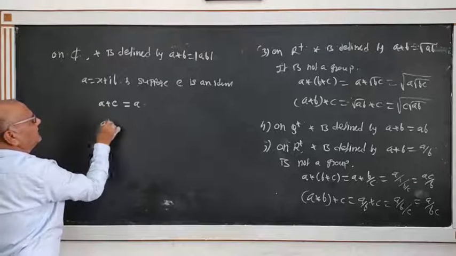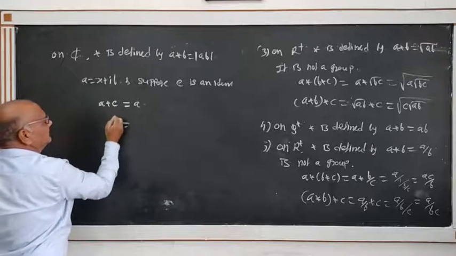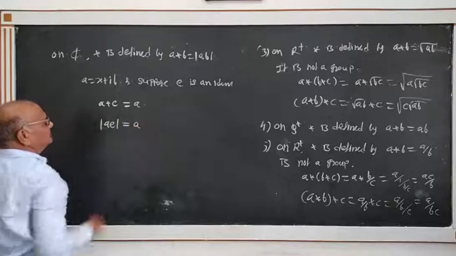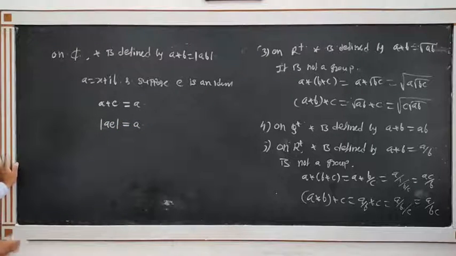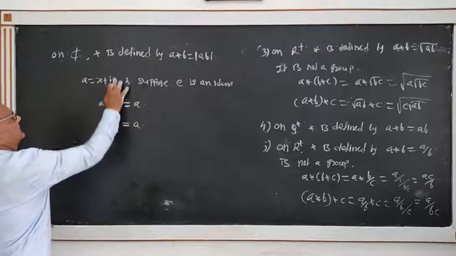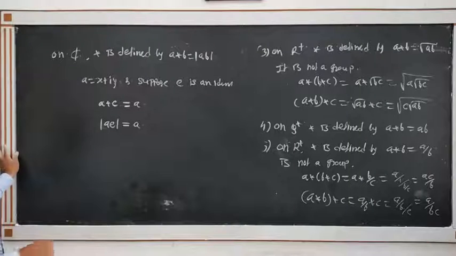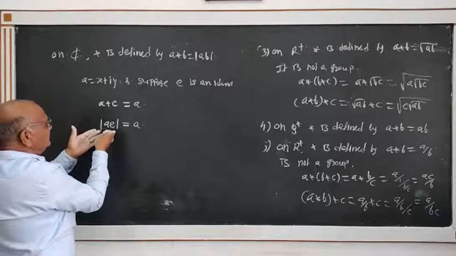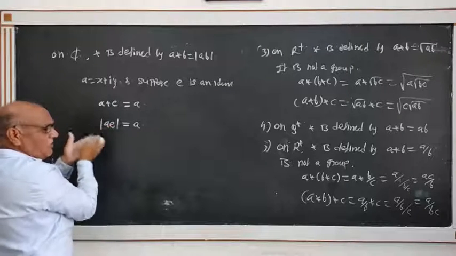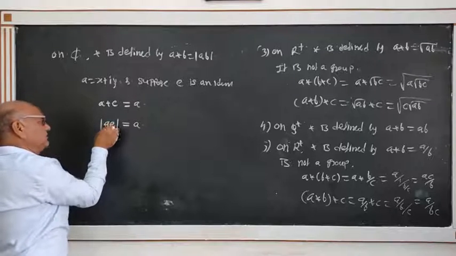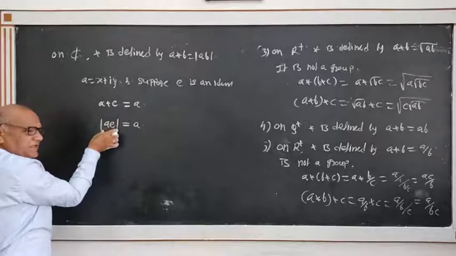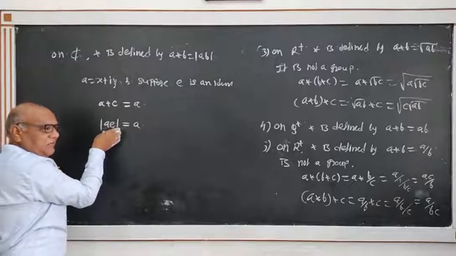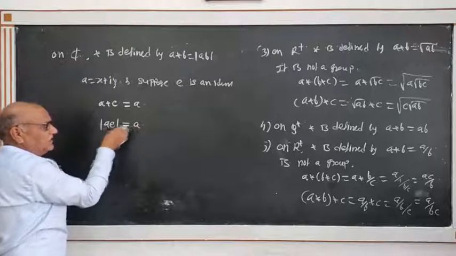Here a * e means mod of ae, and this should equal a. If a is equal to x plus iy, then clearly this is a purely real number, mod of ae. a is a complex number, e is a complex number, the product is again complex, and the modulus of this is a real number, and here a complex number, not equal.